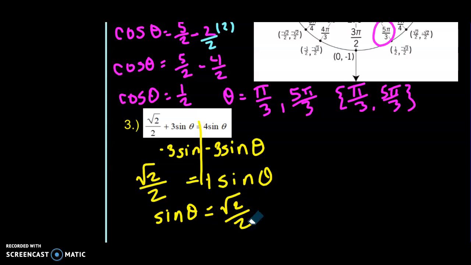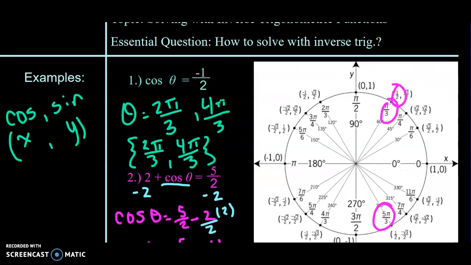So what are we looking at now? Now we are looking at our y. So where is y radical 2 over 2? That's what we're looking for right now. So y, here we go. Here's the first one. Is that pi over 4?